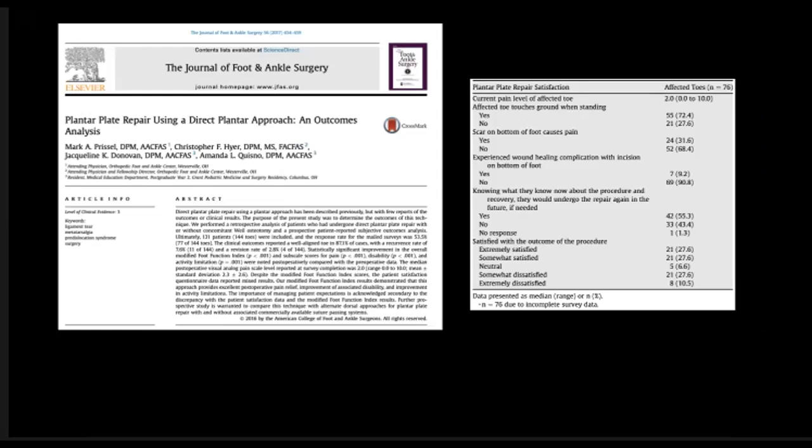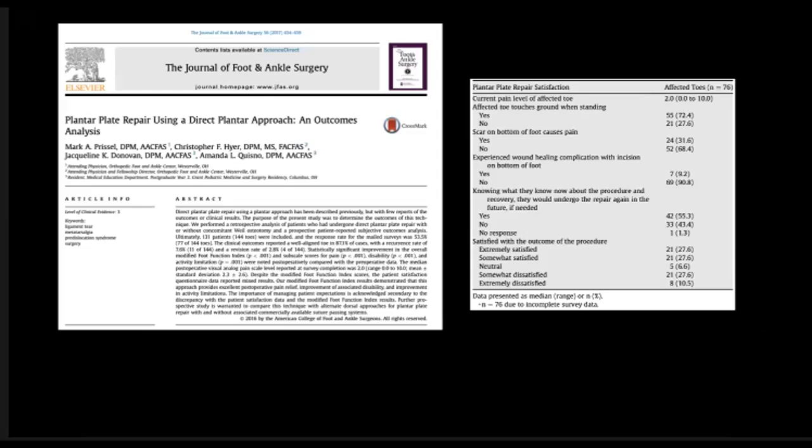So again, like I mentioned, I don't think there's a right or wrong way to do this. If you are attempting a plantar approach, there are some incision techniques that you can perform. You can do more of a lazy S incision to try and avoid the weight bearing surface. That way, you don't go directly over the MPJ and more so in the inner space, and that can alleviate some of the painful scar formation that the patient may experience.